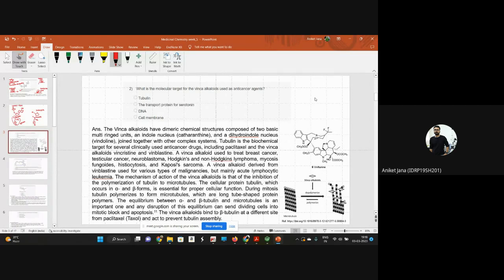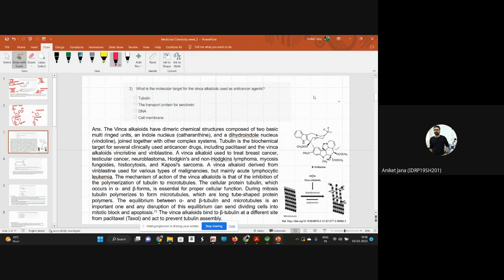Okay, let's see. Now at first we have to check what is a vinca alkaloid. The vinca alkaloids have a dimeric chemical structure.